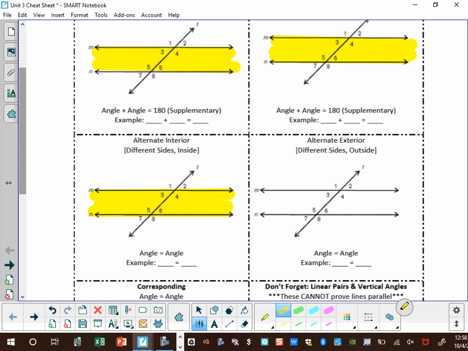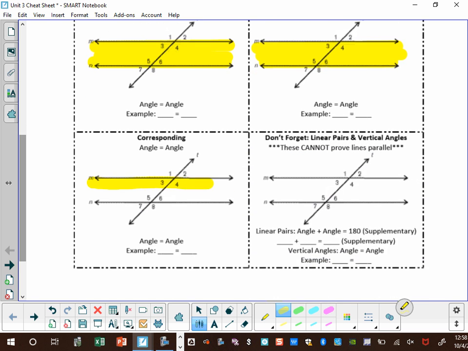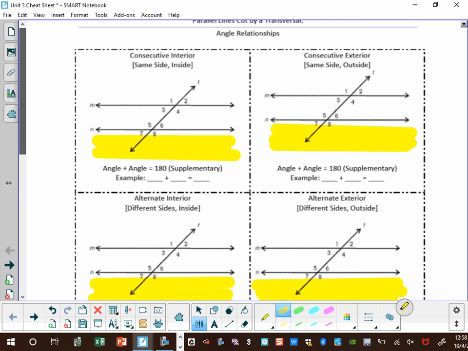We did a whole new lesson today. All right, so you are highlighting the interior. The first one says consecutive interior.